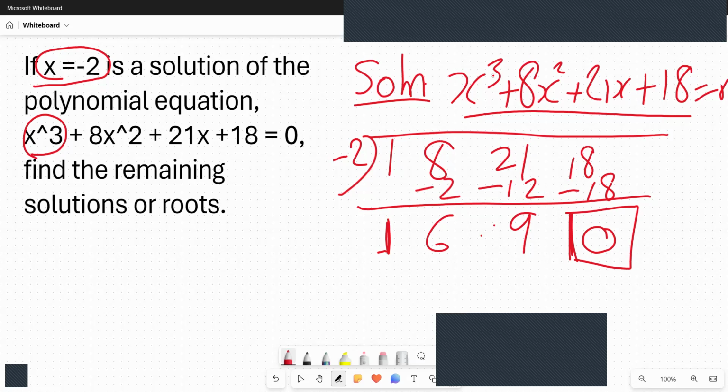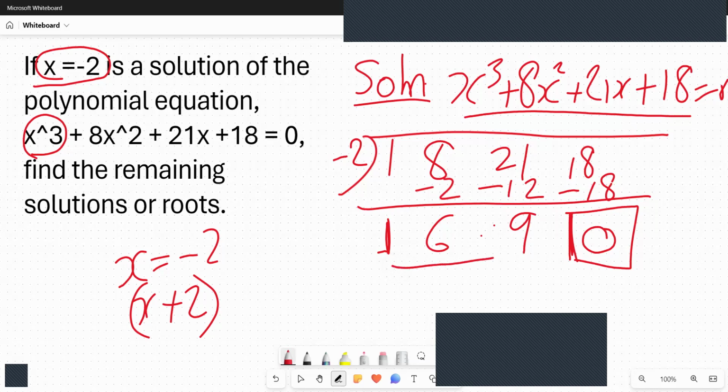Okay, so now I have x equal to -2, which is the same as x plus 2. So x plus 2 is a factor of this polynomial. If I look at this, I have my quotient. 9 is the constant term, 6 is the linear term, 1 is the quadratic term.